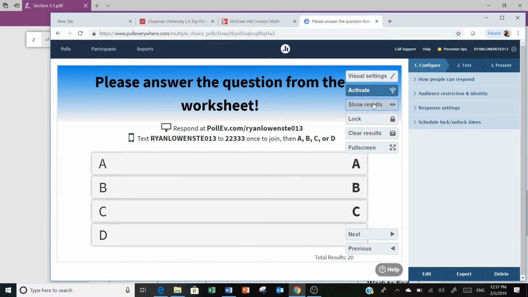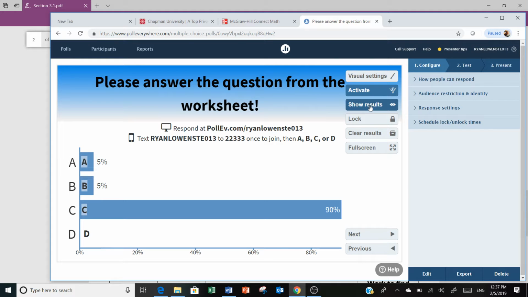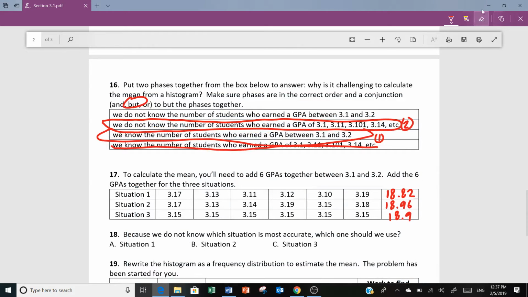Oh, we're all done. Okay. Good. C was the correct answer. Do the easy one. Don't do the hard ones. So, C was the correct answer.